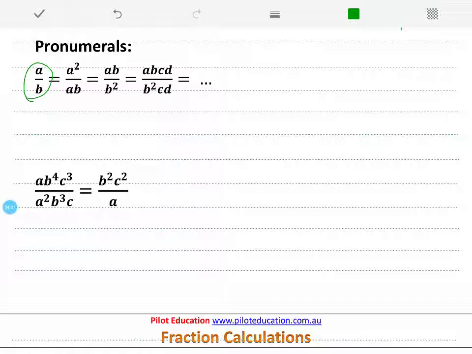So here we choose a polynomial a. So a times a becomes a squared, and a times b is ab here. If we don't choose a, we choose b, then the top becomes ab and the bottom becomes b squared.